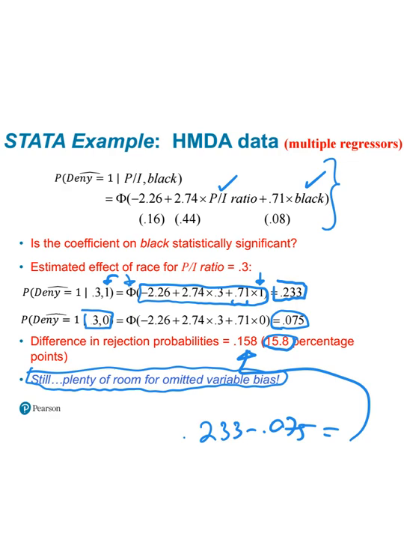Because if there are other variables in the error term that we are not controlling for, and we're thinking about omitted variable bias, that are, one, going to impact our probability of denial, and two, that are correlated in some fashion with being black, then this is going to mean that our coefficient on black is going to be biased, either upwards or downwards. So what that says to me is we need to be very careful with what we are claiming to be true and valid from our model.